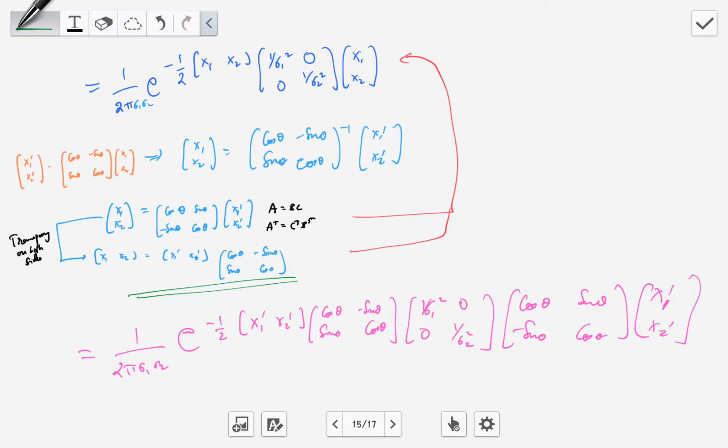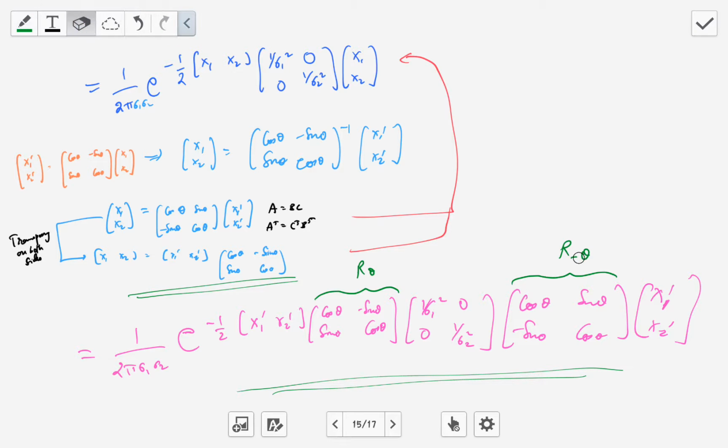Now, if you went into an n-dimensional space in the same situation, what was this here? These two were your R theta, and this was your R minus theta. Or you can also write it as, if this was R minus theta, this is R theta.